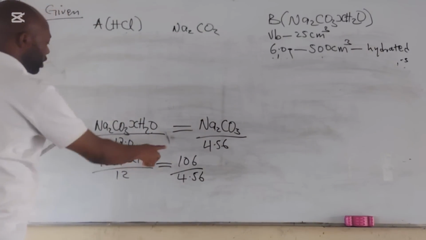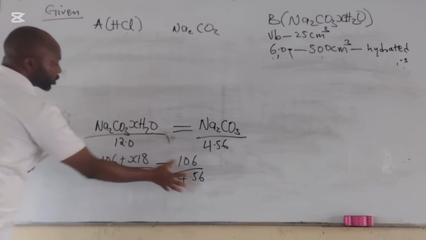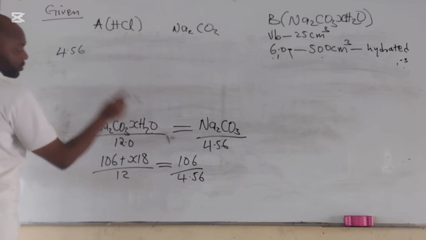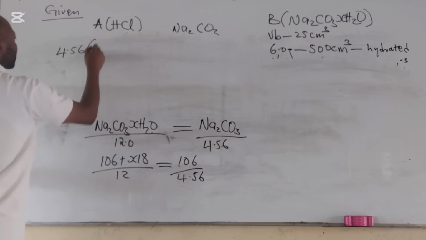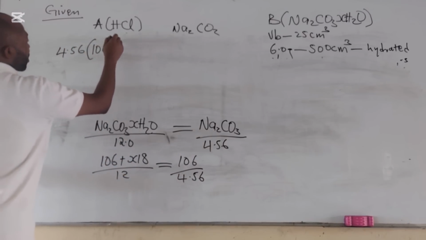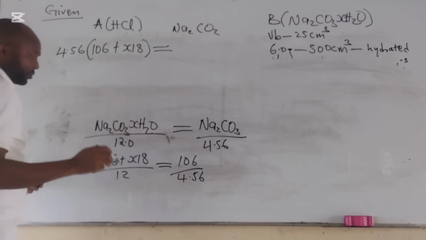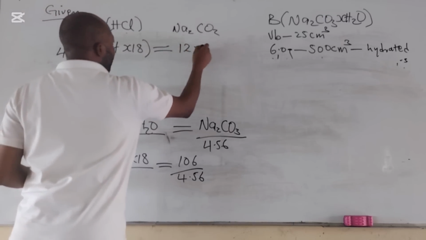Now I want to make this the subject. This is what I'm looking for, so I multiply this side first. So I have 4.56, which is this, times this, (106 + x18) is equal to 12 times 106.